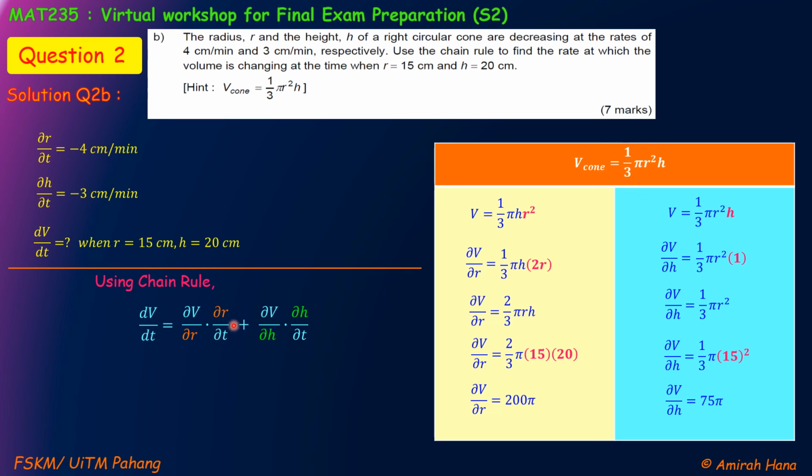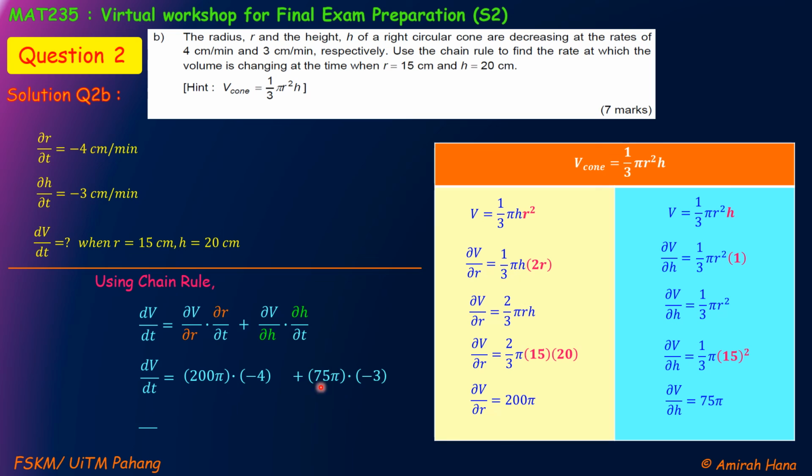So from here, before that, this is called the chain rule. Now we just substitute one by one. We have dv over dt equals del v over del r, which is 200 pi, times del r over del t, which equals -4, plus del v over del h, which equals 75 pi, times del h over del t, which equals -3.